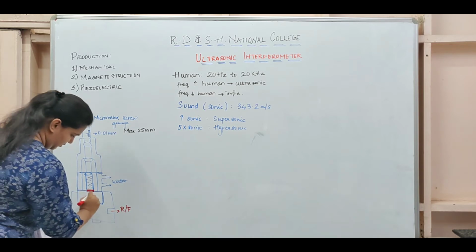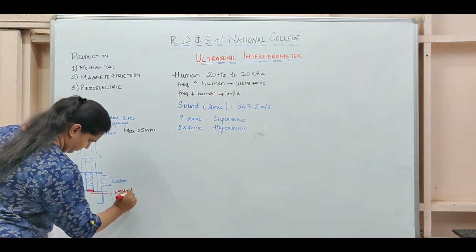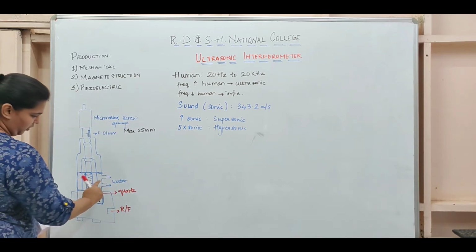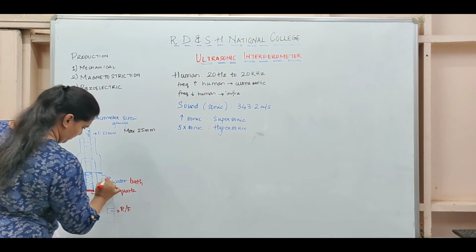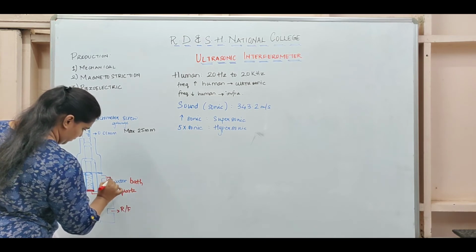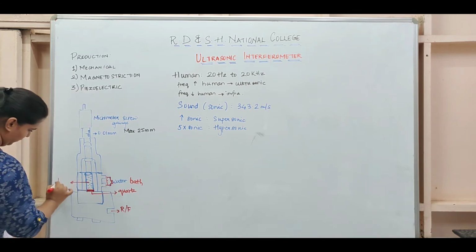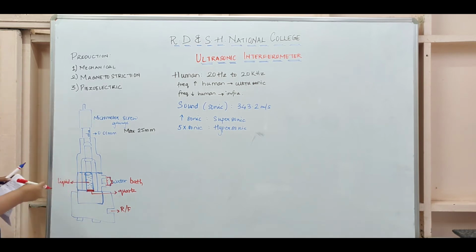This is my quartz crystal, as I already told you. This is a water bath to maintain constant temperature. This is our liquid in which we want to calculate the velocity of sound.